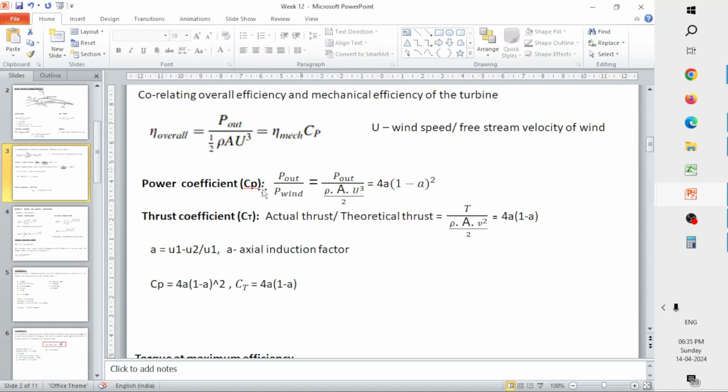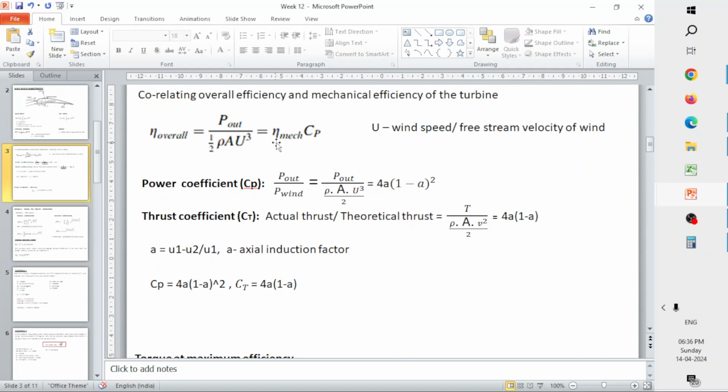So eta overall is nothing but, as we said, eta mech times Cp. The reason we did this is that in the case of the mechanical efficiency, we are supposed to include all the different kinds of losses that happen. It's the loss due to the different components present in the turbine, as well as due to the drag, the rotation of the wake, the number of blades, and the tip losses.